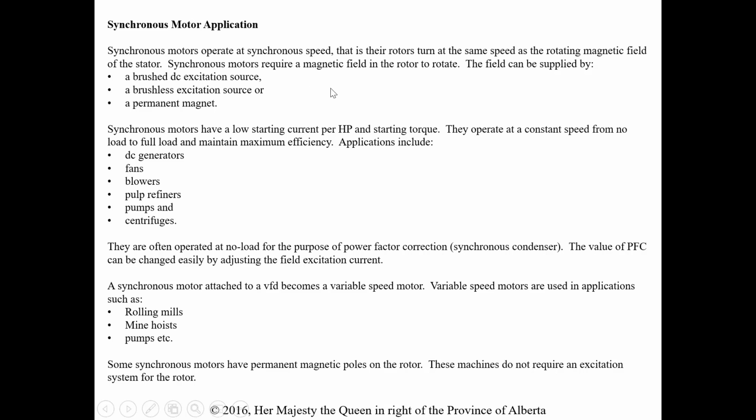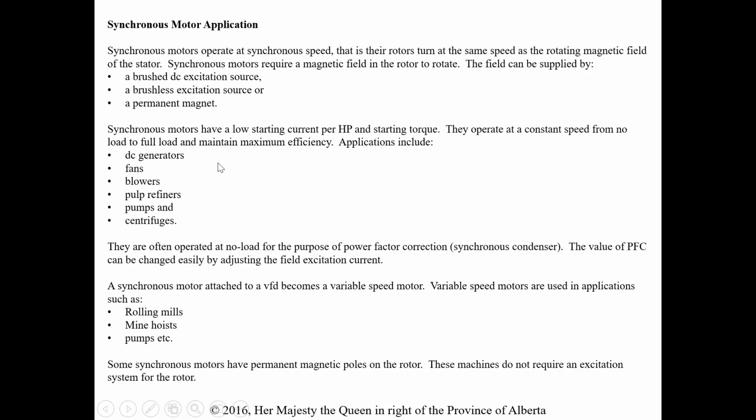The field can be supplied by a brushed DC excitation source, a brushless excitation source, or a permanent magnet. So we can have a permanent magnet spinning in there, or a set of field windings that can be excited by either brushed or brushless, or potentially even a self-excited scenario.